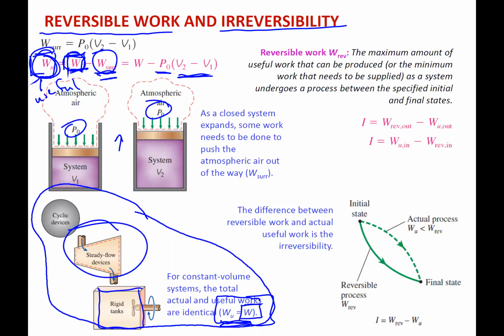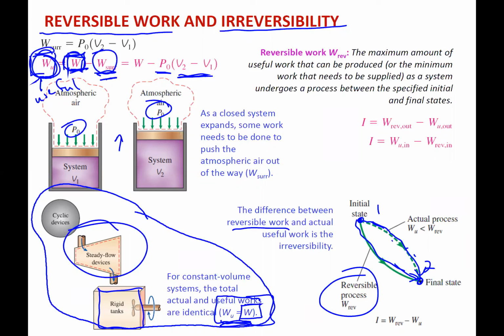Yep, thank you. All right, so then we can talk about reversible work. So if we have state 1 here, and we have state 2 here, and we have our process path that's doing this reversibly from 1 to 2, we have a reversible work from that, okay? Now our useful work, our actual work process, is going to be this one.